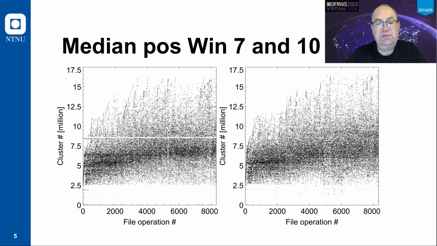The Windows 7 group, as you can see, have an unallocated area in the middle of the disk, and it goes on like this up until the last recorded operation.